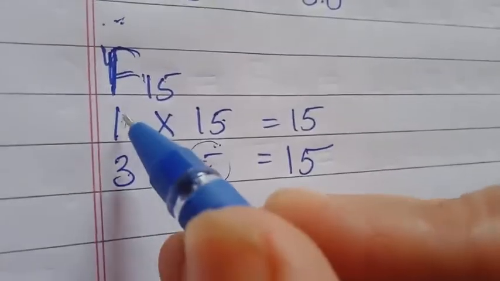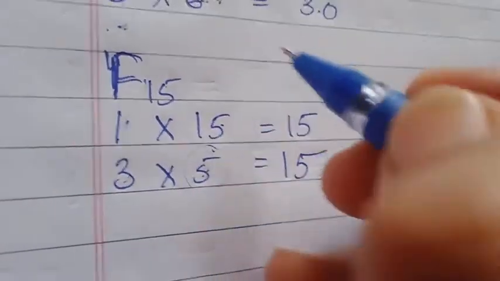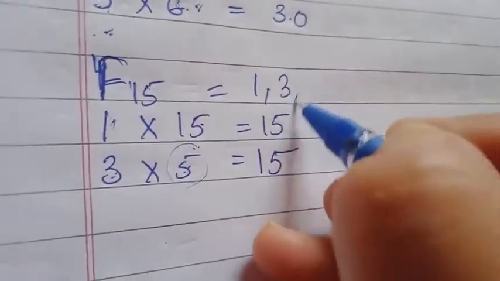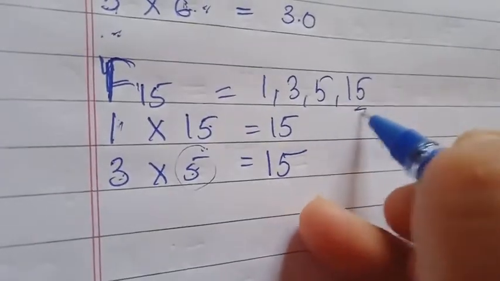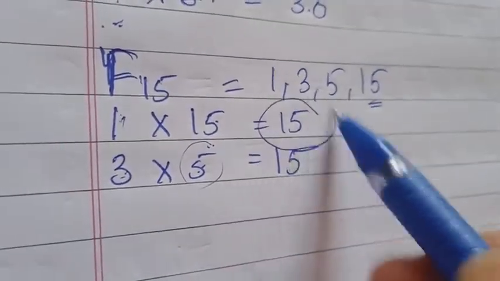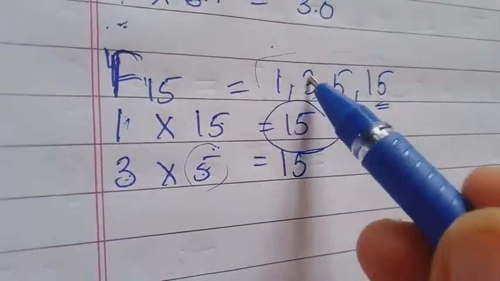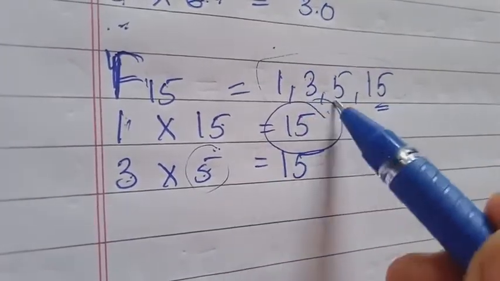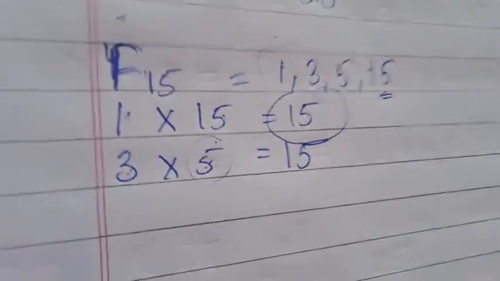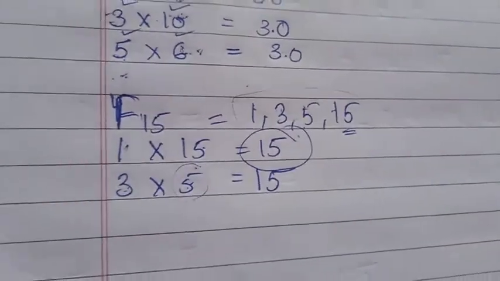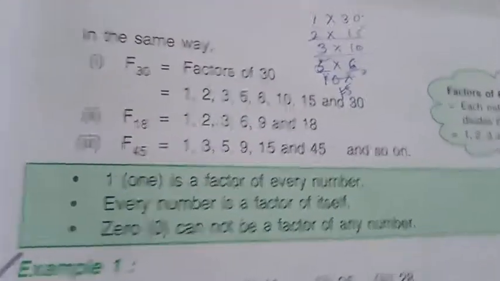So the factors are 1, 3, 5 and 15. 15 is divisible by all these four numbers, and it comes in all these four tables. So whichever way you want to understand, you can understand. We have seen what are factors. Now we will see the next part.